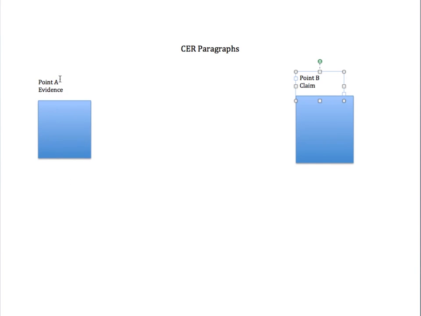Okay, so over here on the left, point A, that's your evidence. As an investigator, you found that first in the text. And then over here on the right, we have point B. You use the evidence to come up with an answer to the question. That's your claim. Okay, now your reasoning, this is the hardest part. Your reasoning is where you take the reader and you explain to them how you got from point A to point B. So how you got from this evidence to this claim over here.